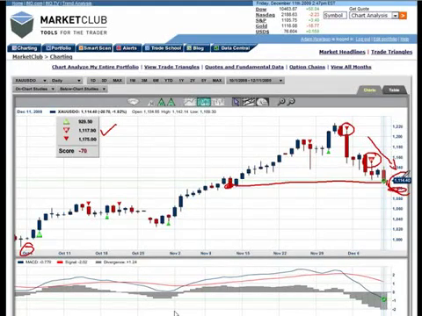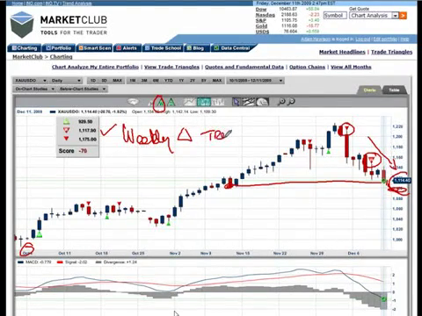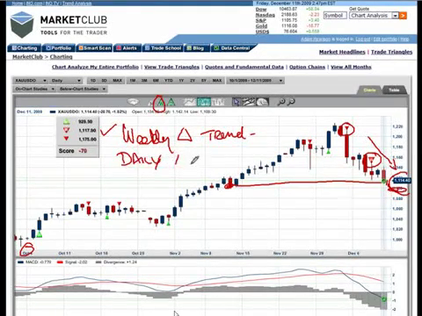So again, this is using a short-term trading technique. Once again, it's weekly, that's this one right here, for trend. So you only trade in the direction of the trend, and then it's daily triangles for timing to get in and out of the market.